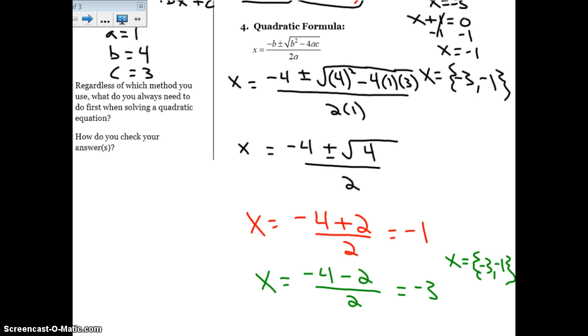And the question that we're going to answer here is, regardless of which method you use, what do you always need to do first when solving a quadratic equation? Set it equal to 0. How do you check your answers? Plug in. All right? Simple as that.